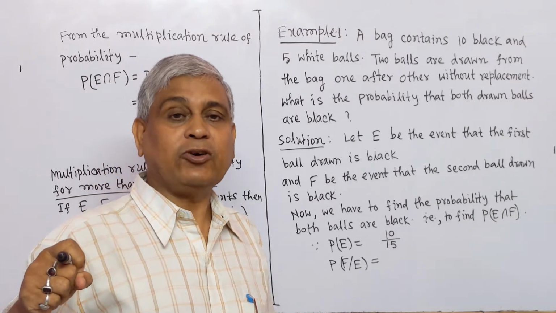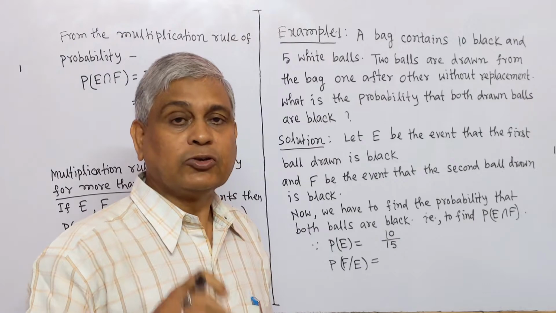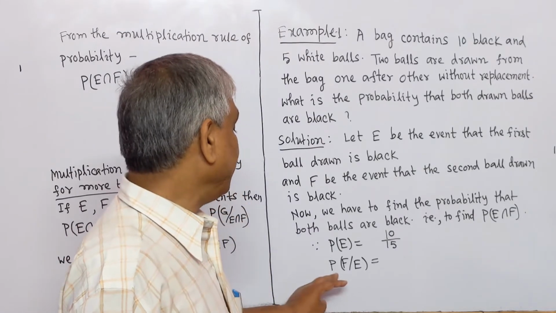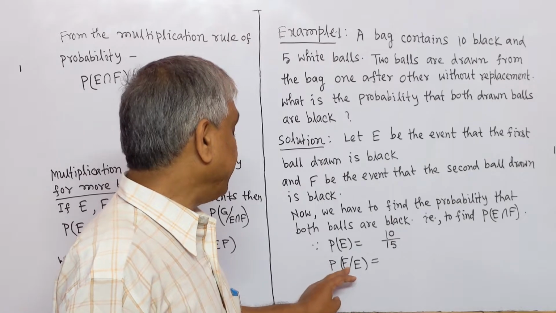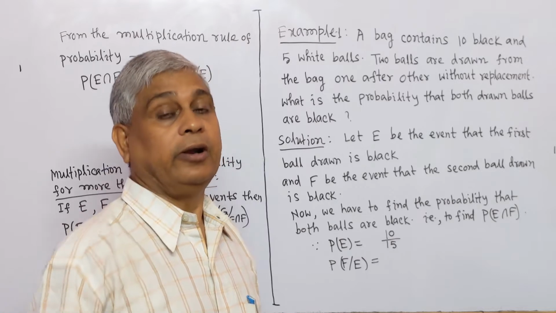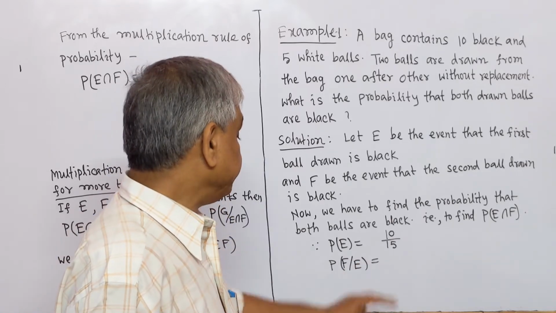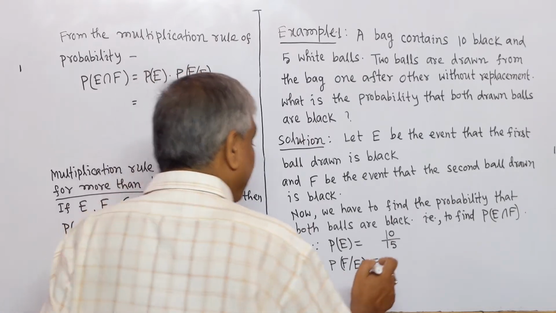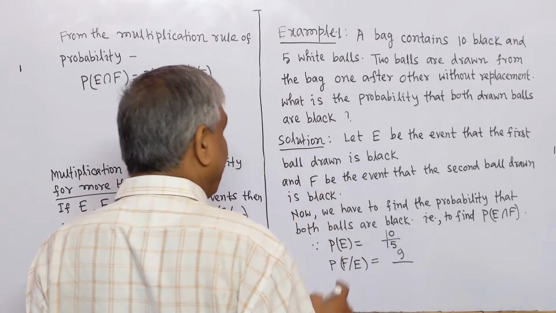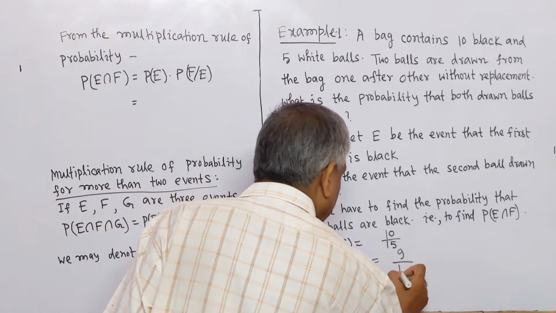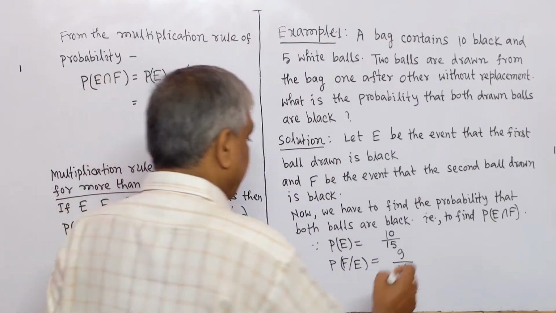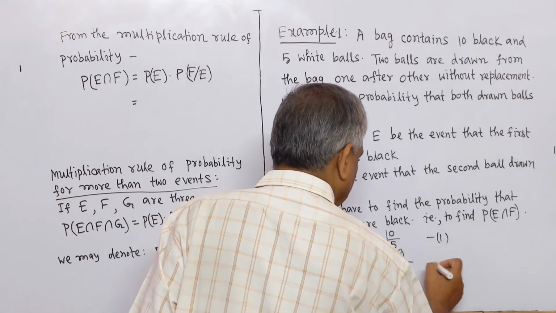So this is the case for conditional probability of event F when the event E has already occurred. Here total number of black balls is 9 and total number of remaining balls is 14. Now this is number 1 and this is number 2.